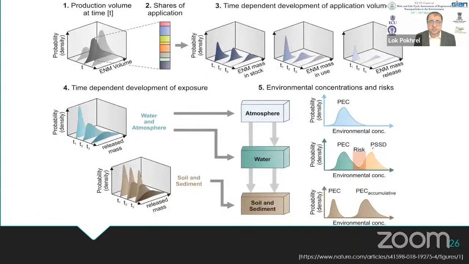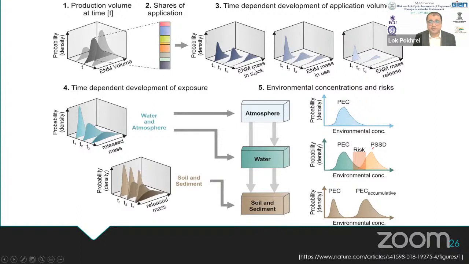So this is just a schematic from the same paper, I believe, where you can see the production volume at time t. So a certain amount of nanomaterials are produced by different companies. And then these particles, depending on the type of the particles, have several applications in different consumer products.